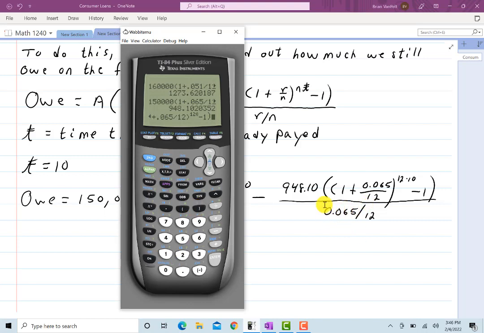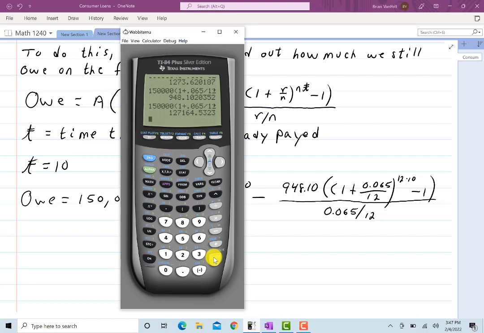Now in this denominator, I like to encase it in parentheses just to be on the safe side. So I'm going to put my r over n inside of parentheses. So I'll put 0.065 divided by 12, and I'll finish the parenthesis off down there.